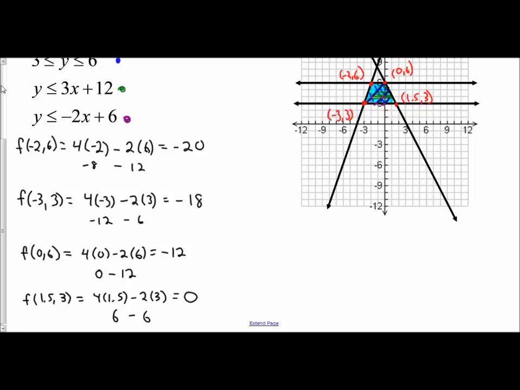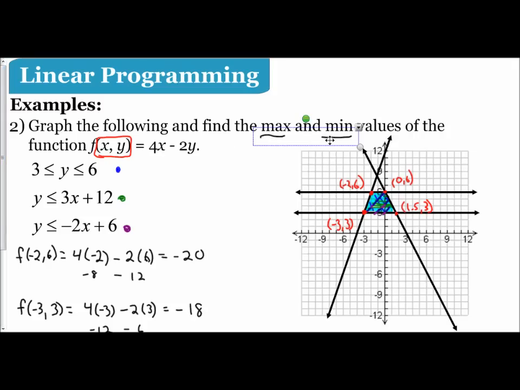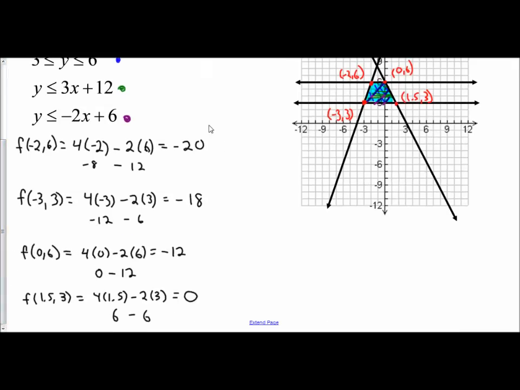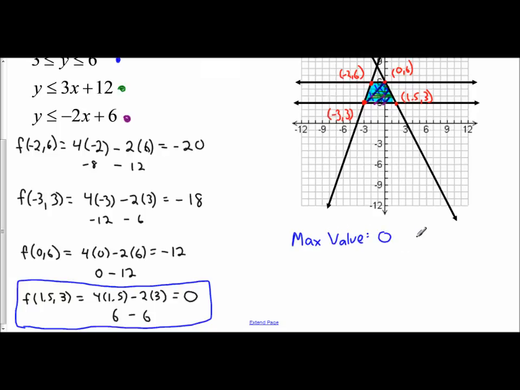If we go up to the problem, it says find the maximum and the minimum value. So I'm going to take a look at my values. To find my max, I see out of all these values, -20, -18, -12, and 0, 0 is the largest value. And so I have a maximum value of 0, and that occurs at the coordinate 1.5, 3.